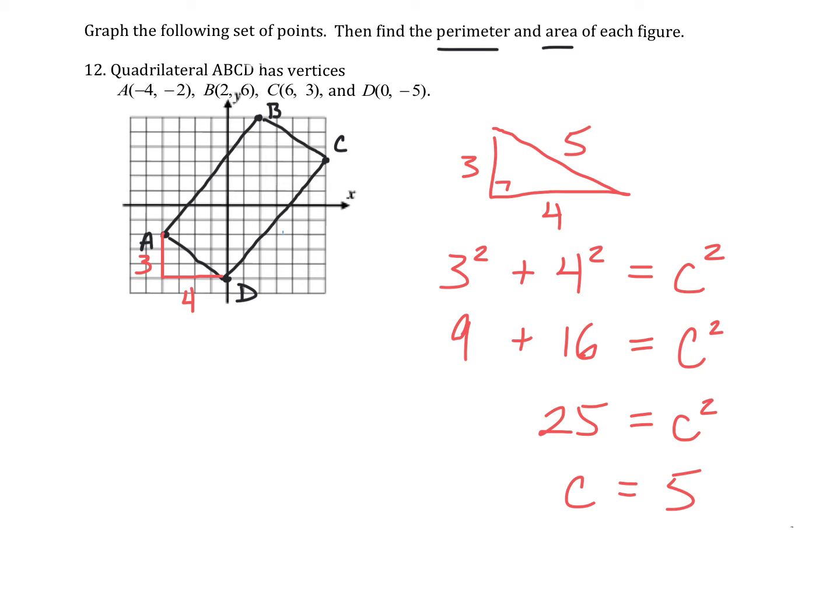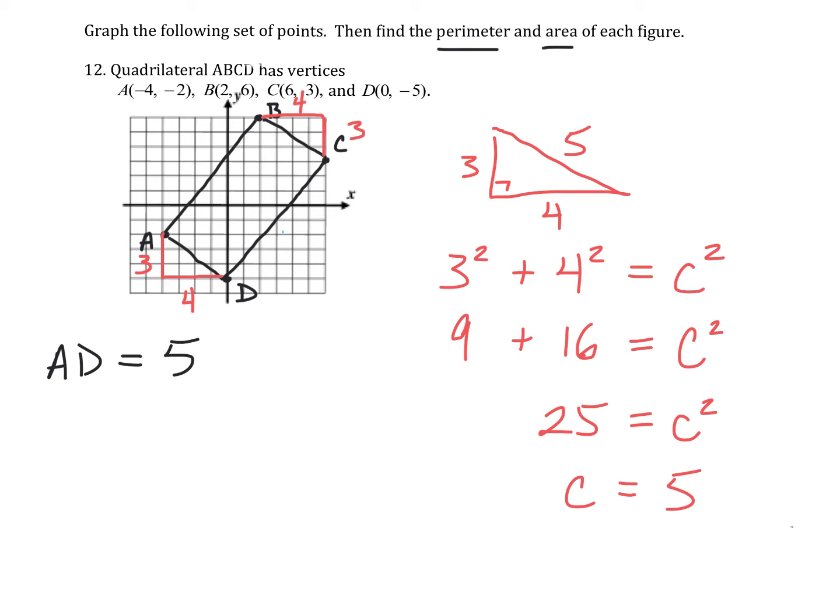Now, if you notice, that is actually a Pythagorean triple. So if you saw that it was going to be a 3, 4, 5 initially, you could have skipped over the math and just jotted down 5 for your third side length. Next one I'm going to move to is BC up top. Now I notice when I map out the slope here, I'm going 3 units down and 4 units right or left, depending on which way you're looking at it.